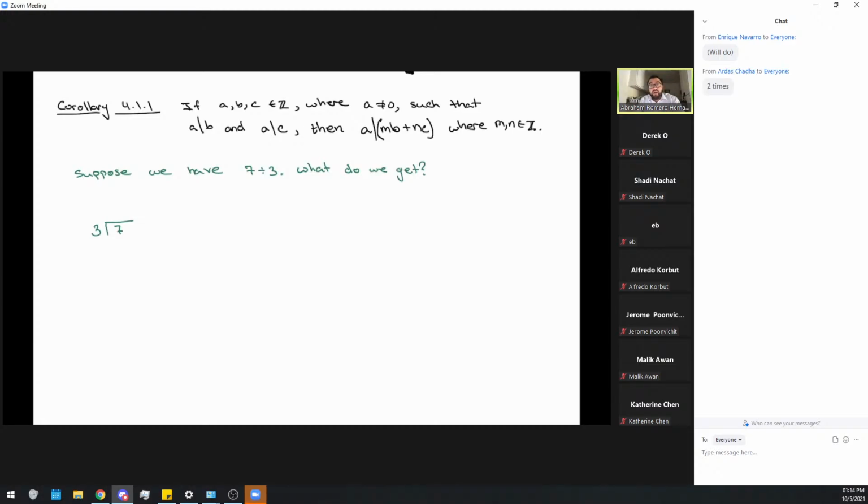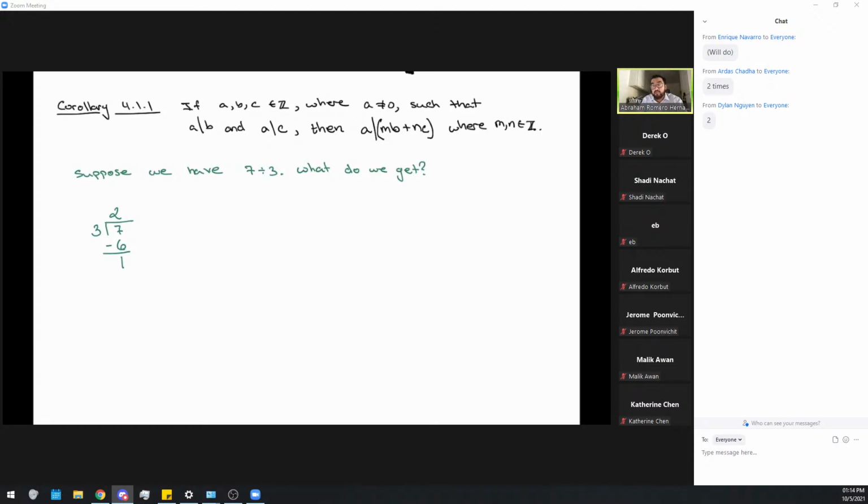How many times does 3 go into 7? Twice. Exactly. Now, 3 times 2 is 6. We subtract that, and we get 7 minus 6, which is 1.